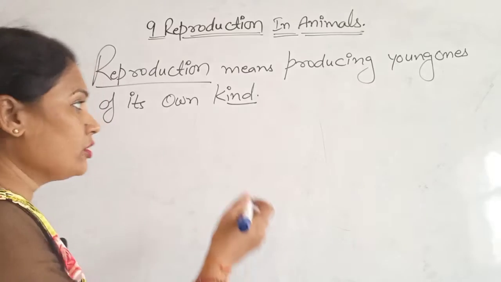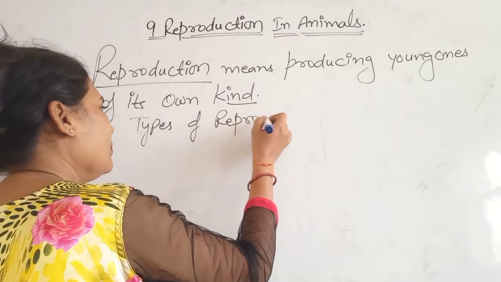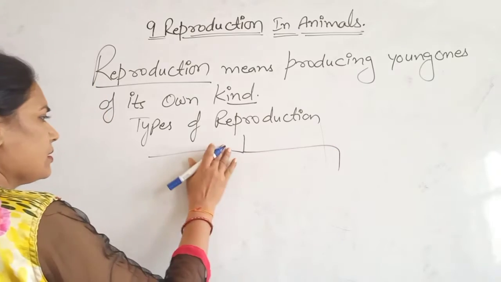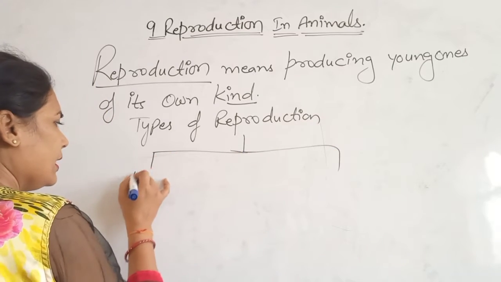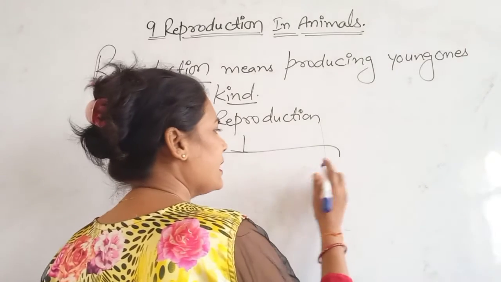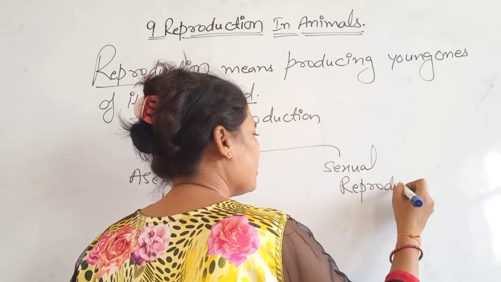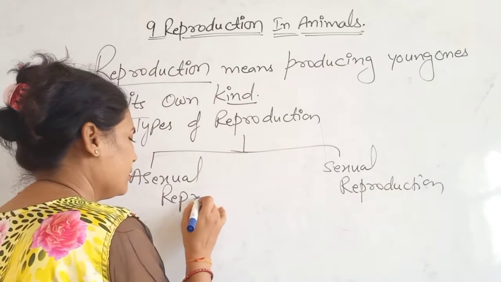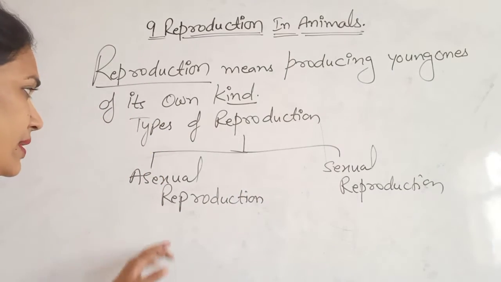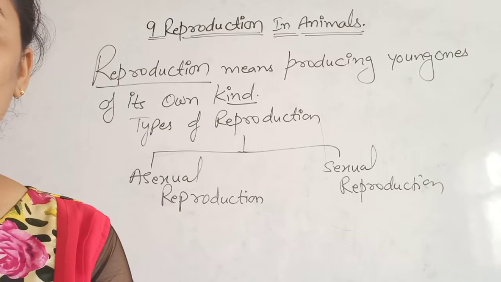Then types of reproduction. You know that two types are there: asexual reproduction and sexual reproduction. As its name specifies, in asexual reproduction only a single parent is needed.